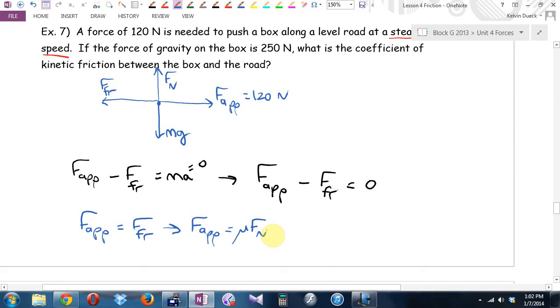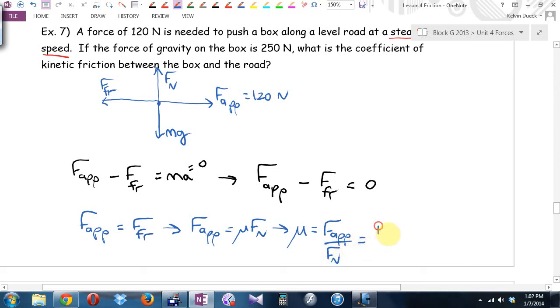What's this question asking me to find? The coefficient of friction, which is what in this equation here? How would I get the mu by itself? I guess divide by Fn, because the Fn's multiplying. So if I hear you correctly, you're saying the coefficient of friction is going to be the applied force divided by the normal force.